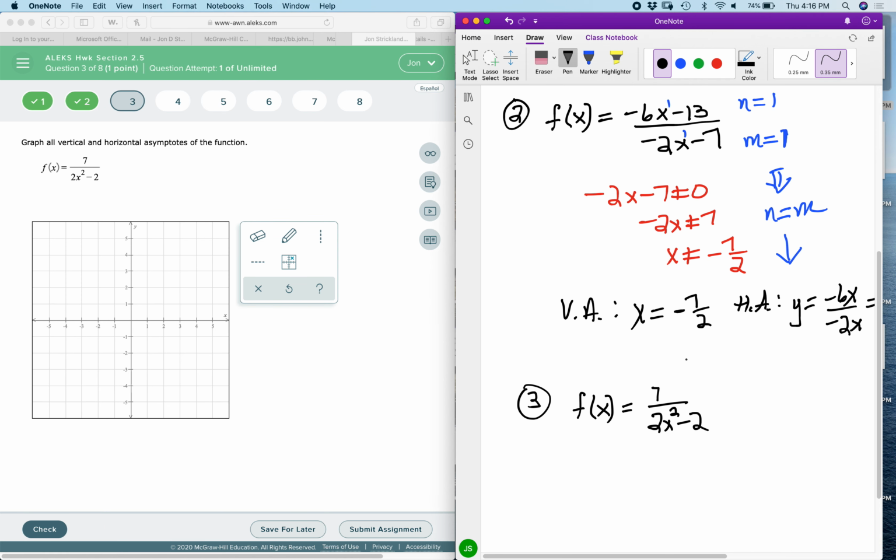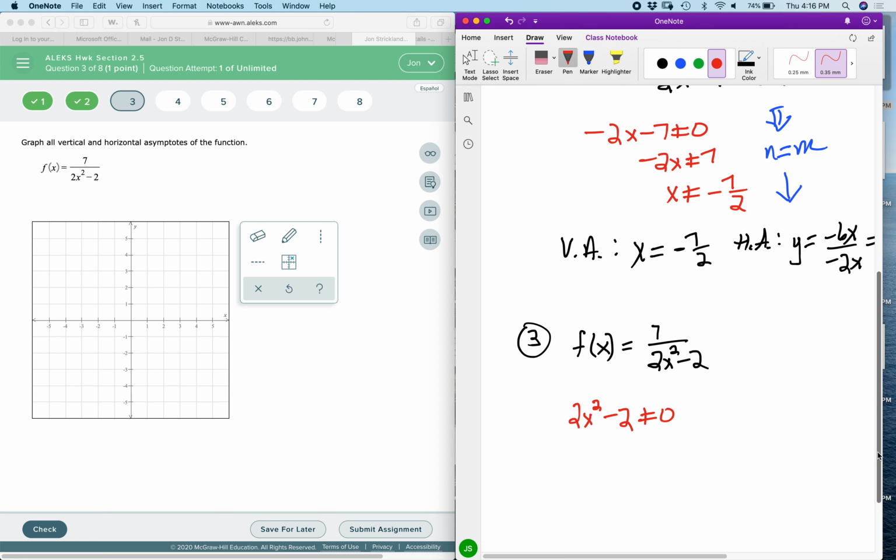For item number 3, again, we're looking for vertical and horizontal asymptotes. Again, in the denominator, we cannot have 2x squared minus 2 be 0 for f of x to be defined.